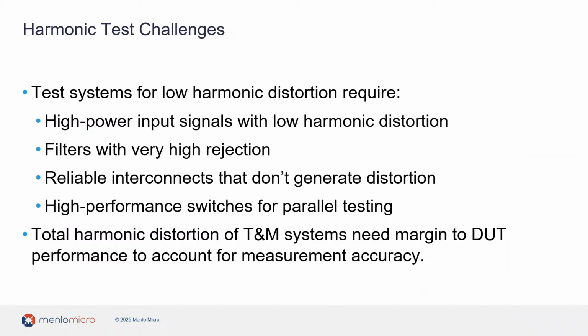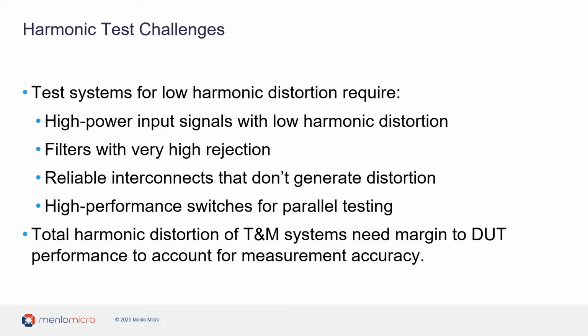Now that we understand what we're measuring and why it's important to measure it, we can move on to the test system itself and some of the challenges you'll face creating a test system for very low harmonic distortion.